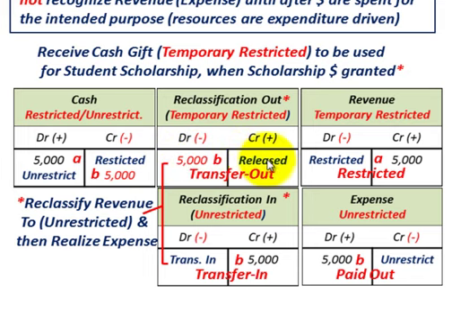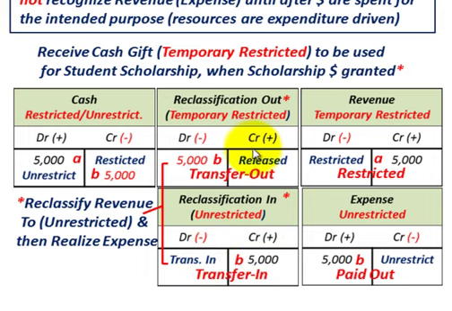That's going to release that restricted cash to pay for the student scholarship. So debit your reclassification out account for the temporarily restricted dollars, for that transfer out. Then we set up the account reclassification in to the unrestricted dollars. So we credit our reclassification in for $5,000 for the transfer in.